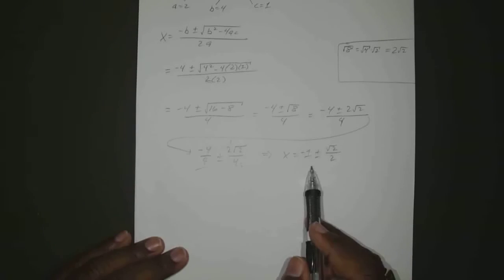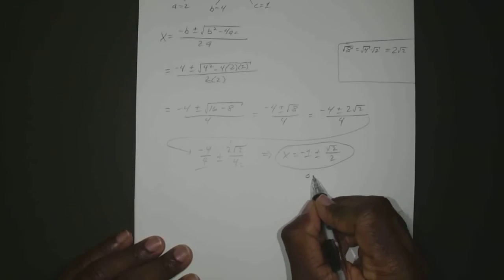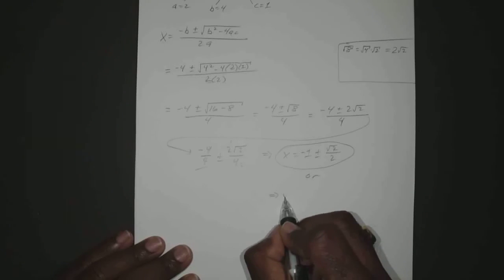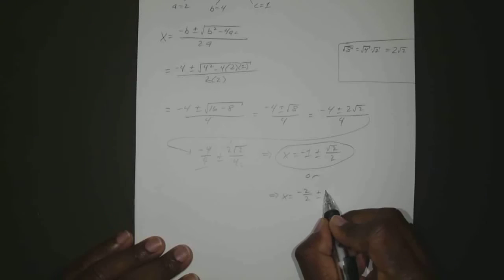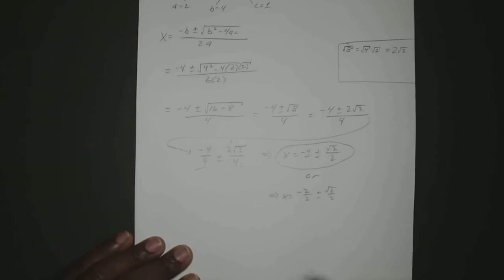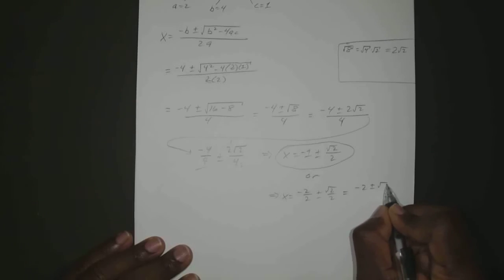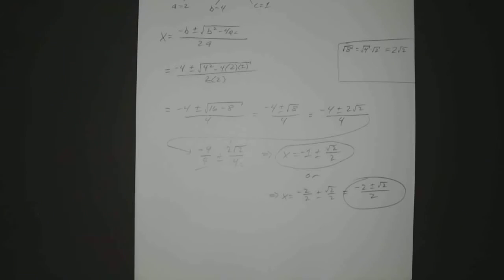Or if you wanted to make it to where you have two fractions, so you can either leave it that way, or if you make this 2 over 2, x equals negative 2 over 2 plus or minus square root of 2 over 2, which equals negative 2 plus or minus square root of 2 over 2. So they may want it that way, or they could want it separated. So they should tell you how they want it.